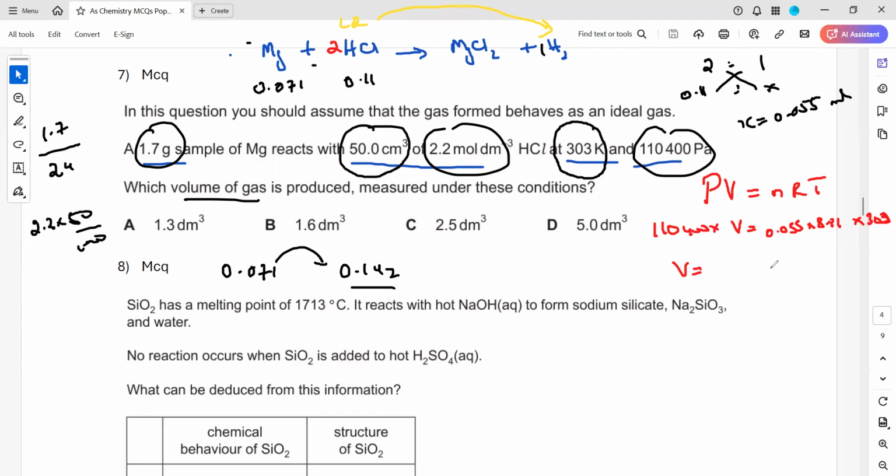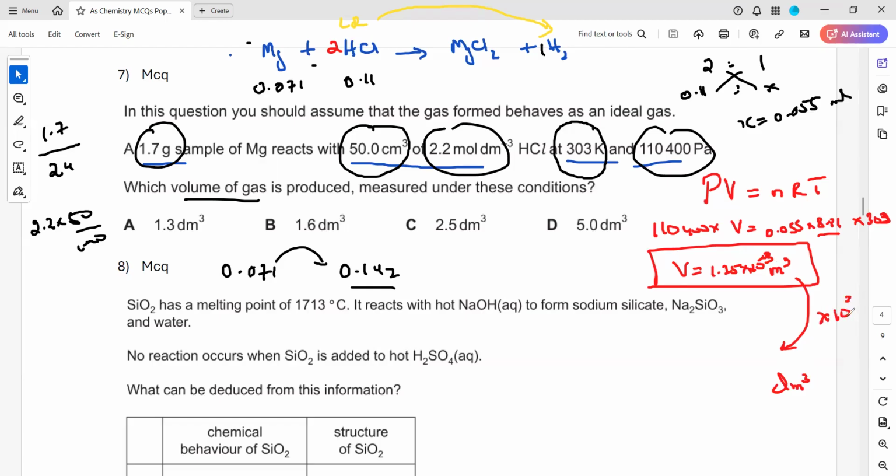What is the answer? That answer will be in m³, because when we solve, we get the answer in m³. When we simplify this, we got 1.25 × 10⁻³. But that is in m³. We want to convert into dm³. If we want to convert metres into decimetres, we multiply by 10.